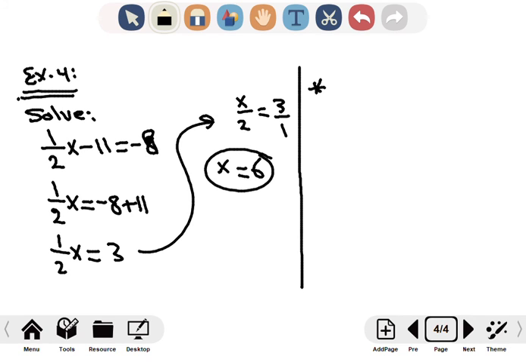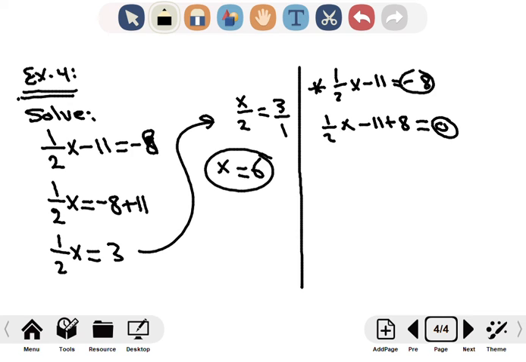Now we have half x minus 8 equals what? Minus 11 equals minus 8. Now when we put negative 8 here it becomes what? Half x minus 11 plus 8. Here it will be 0. Remember the 0? X is how much? 6.